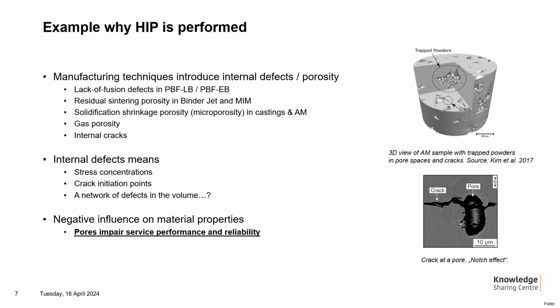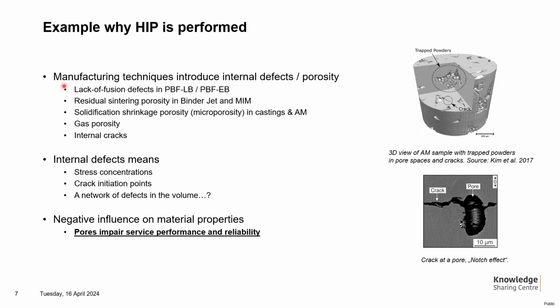These defects can be lack of fusion defects in powder bed fusion laser beam or electron beam melted materials, residual sintering porosity in binder jet or metal injection molded parts, solidification shrinkage or microporosity in castings or AM parts, gas porosity, or internal cracks.